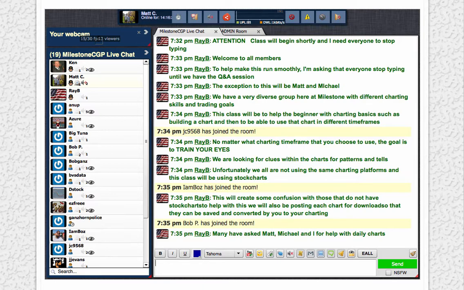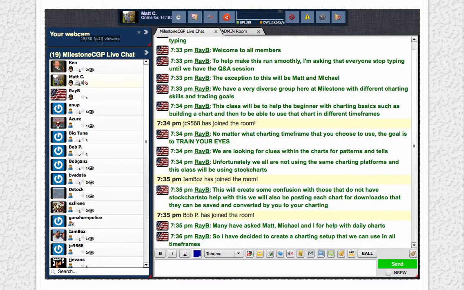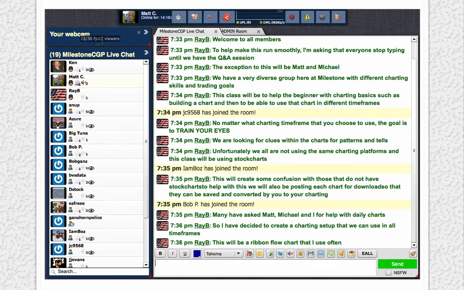A lot of you guys have asked about charts and indicators that we use, and we're going to get started here with some basic indicators. And you can alter it to different time frames for yourself. This first one will be a ribbon flow chart that Ray uses a lot.